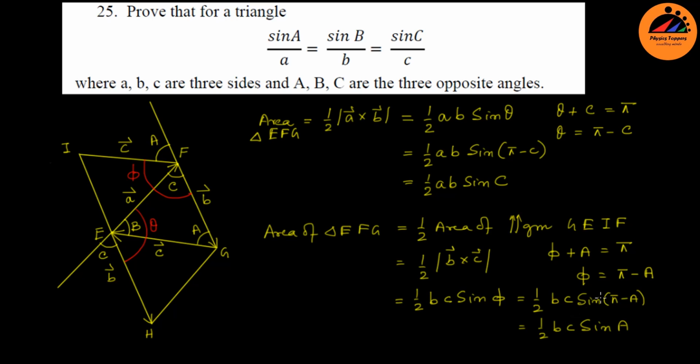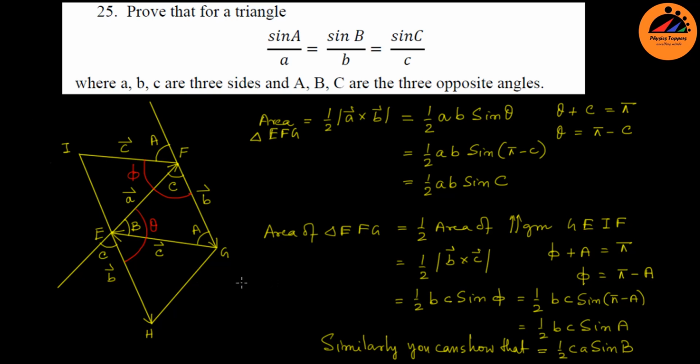So similarly, you can show that the same area of EFG is equal to half CA sine B. Okay, now we have an equation like this, so let's write it.